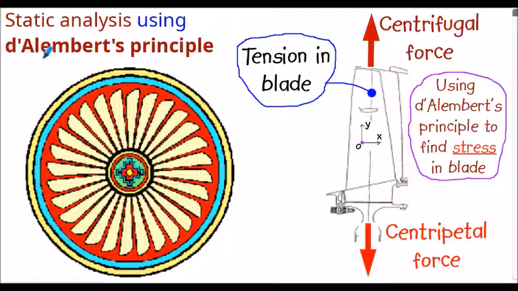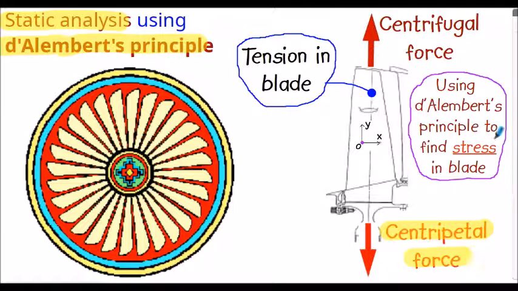Here's another illustration of where a static analysis is being performed on a dynamic situation using D'Alembert's principle. In this particular illustration, we've got a row of turbine blades. I want to find the stress in the turbine blades. So again, we know that to rotate the blades in a circular fashion, we have to have an inward seeking force, a centripetal force. That causes the circular motion.